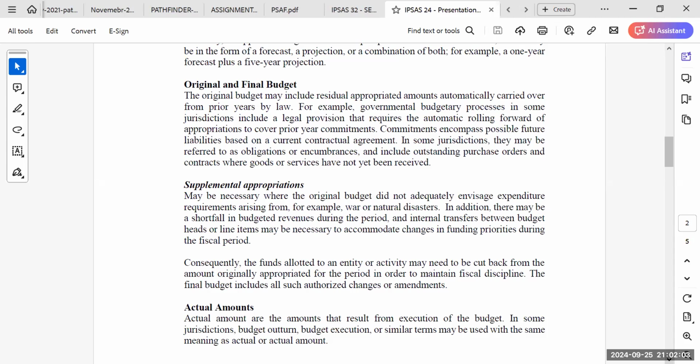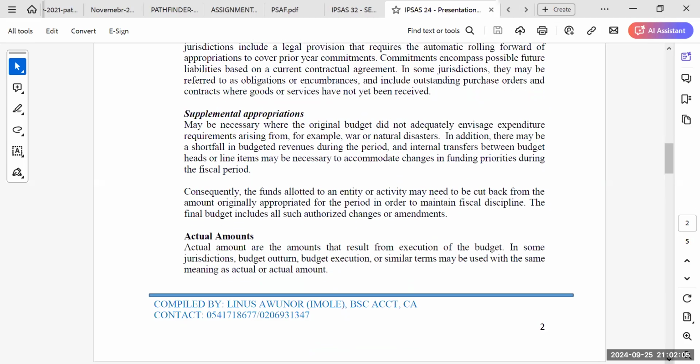Okay. What do we call the actual amount? The actual amount is the actual budget that has been implemented. So after the budget has been implemented, what was the actual revenue generated? What was the actual expenditure incurred? That is what we call the actual amount.